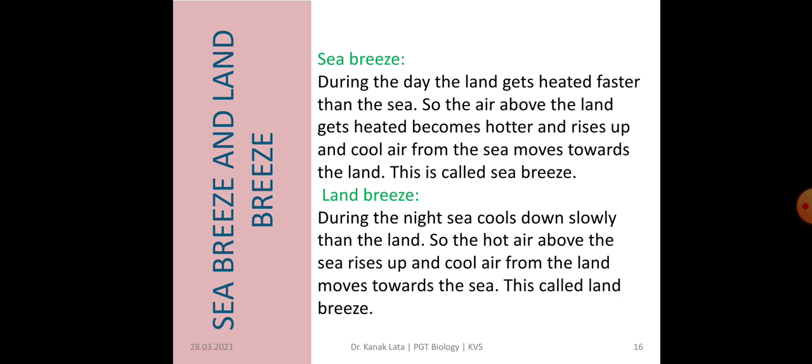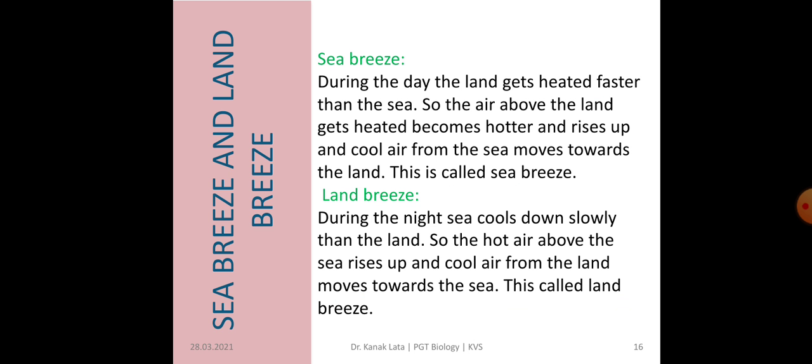Just the opposite condition is land breeze. During the night time, the sea cools down more slowly than the land. So hot air above the sea rises up, and cool air from the land moves toward the sea. This is called land breeze because the cool air from the land moves toward the sea.